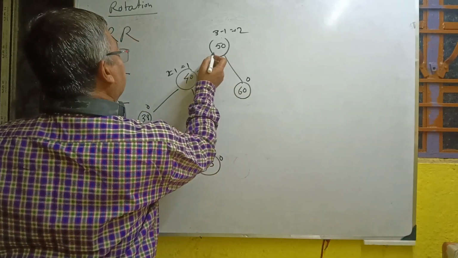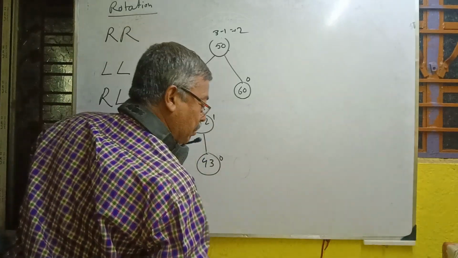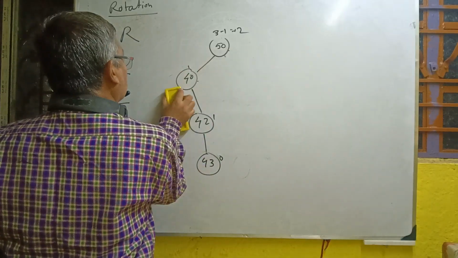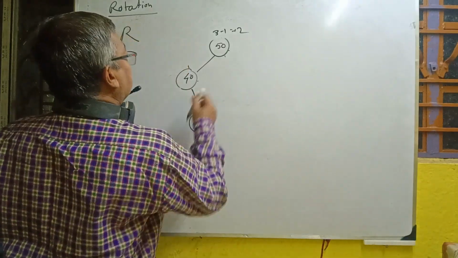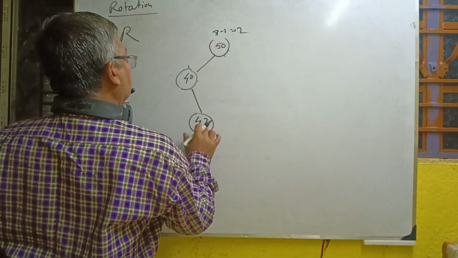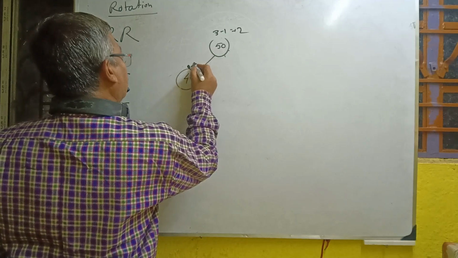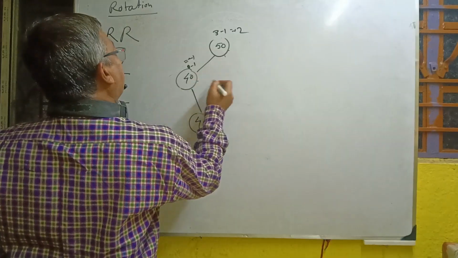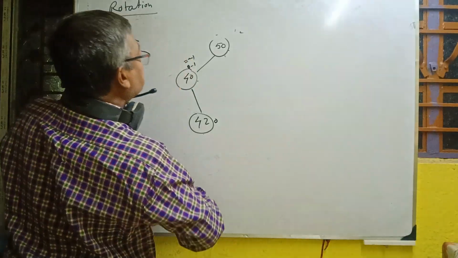So we have to take 3 nodes, suppose 50, 40, and 42. I am taking only these 3 nodes: 50, 40, 42. The balance factor of 42 is 0, of 40 is 0 minus 1, that is minus 1, and of 50 is 2 minus 0, that is 2.